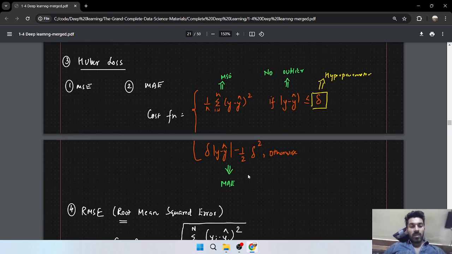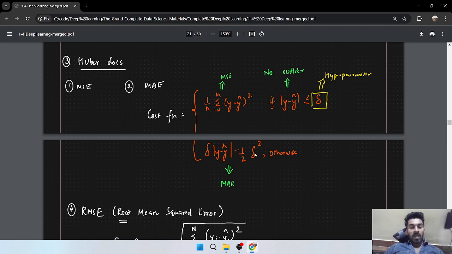So this will work fine. This is MSE, mean squared error, if |y minus y predicted| is less than or equal to delta. Otherwise it is MAE, mean absolute error: |y minus y hat| minus 1 by 2 delta squared.